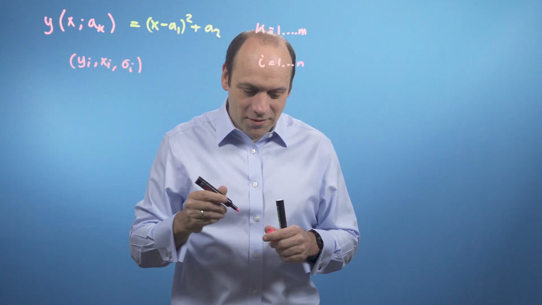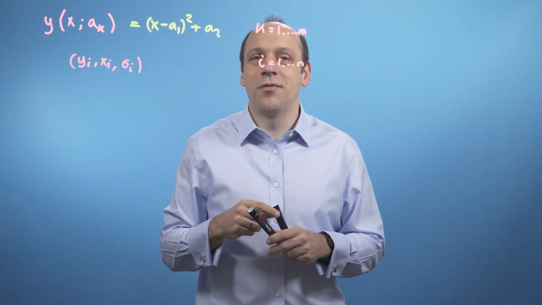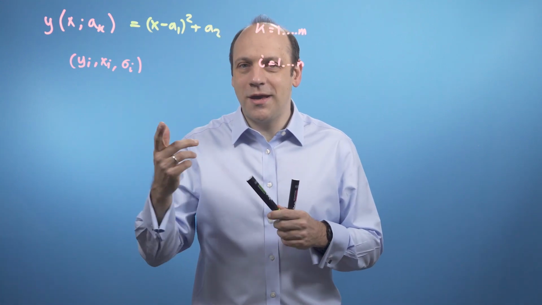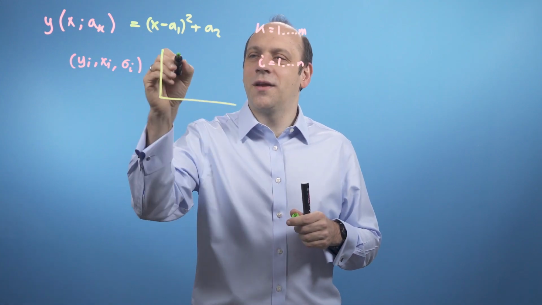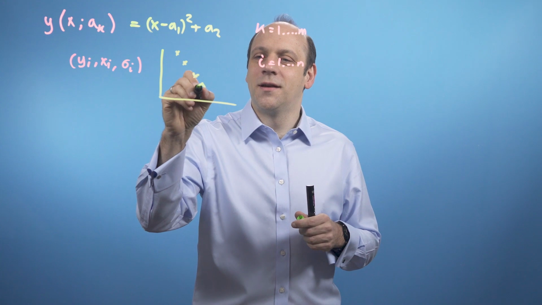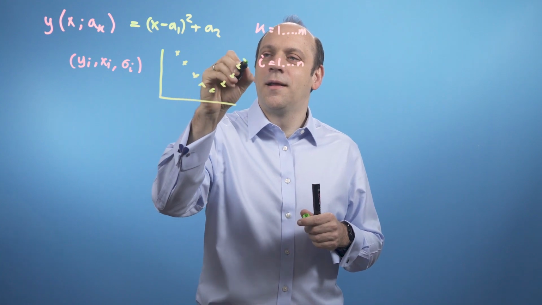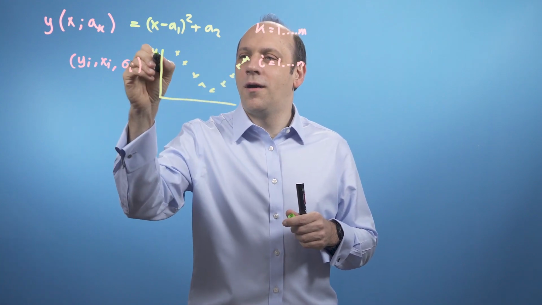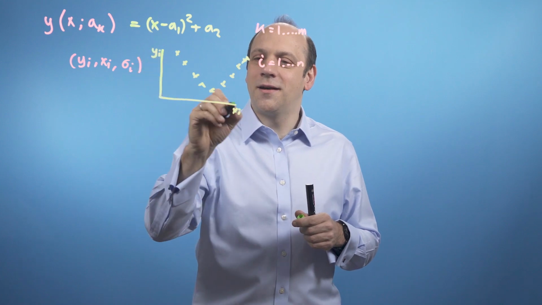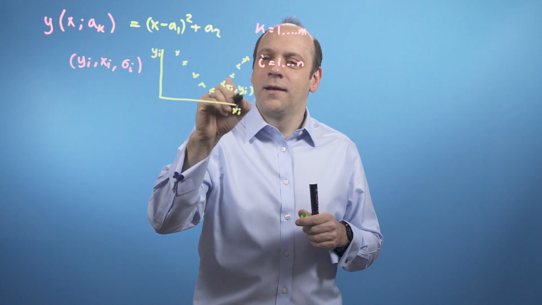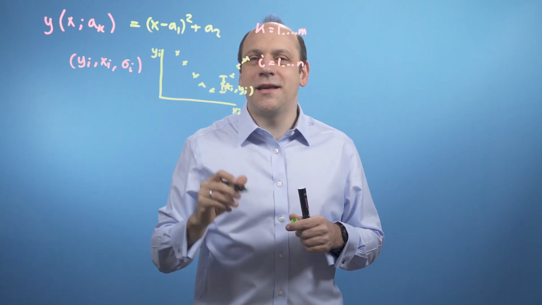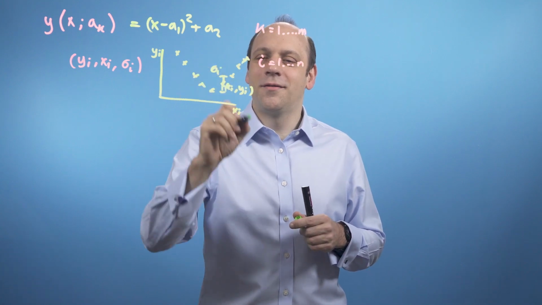That is, the more uncertain I am about the data point yi, the bigger the uncertainty sigma is going to be. So I can sketch that out. Something like this, for instance, as an example of my yi's and my xi's. So I've got an xi, yi, and each one's got an uncertainty sigma i there.